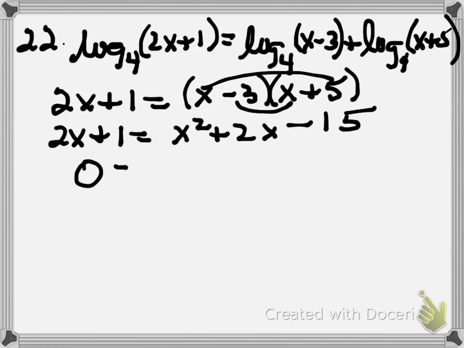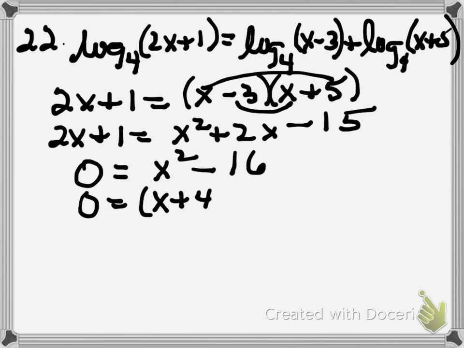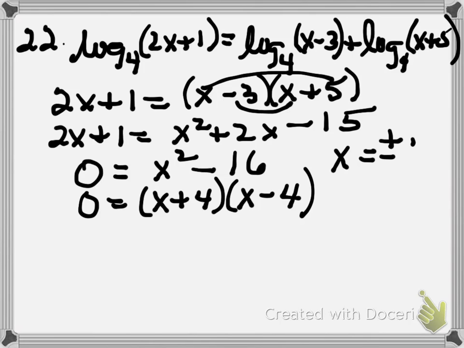Then set the quadratic equal to 0: x squared minus x squared is 0, 2x minus 2x is 0, and negative 15 and negative 1 is negative 16. So we factor this into x plus 4 and x minus 4, and then we get two possible solutions.